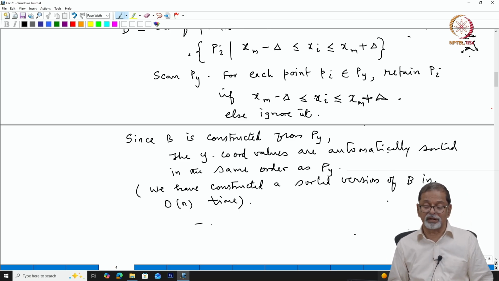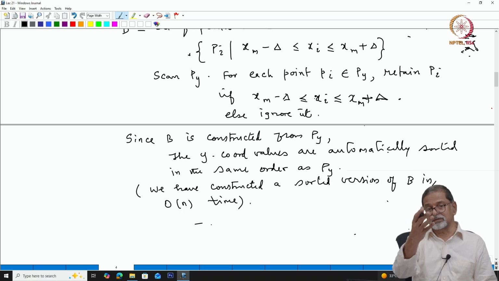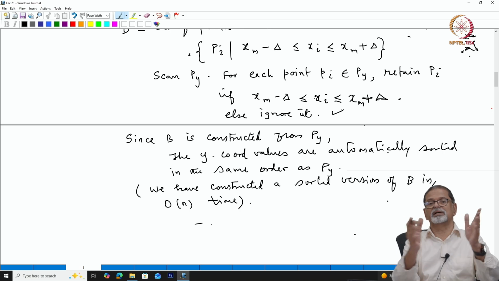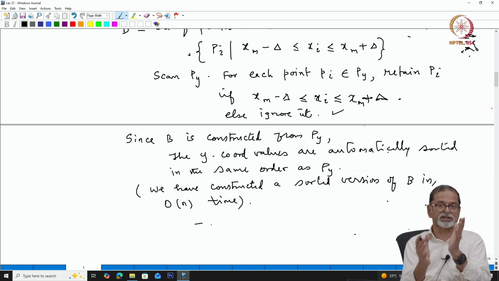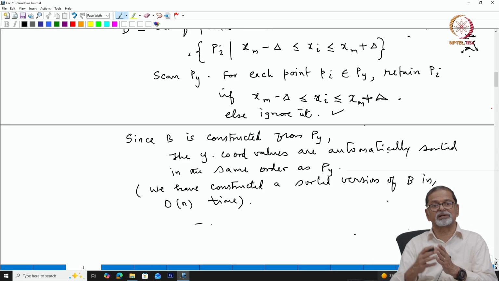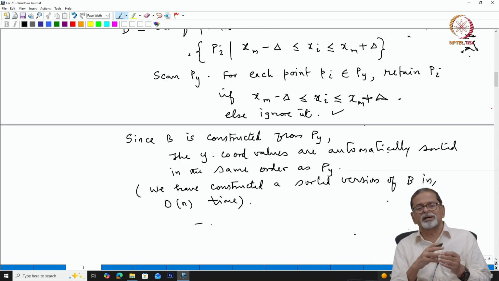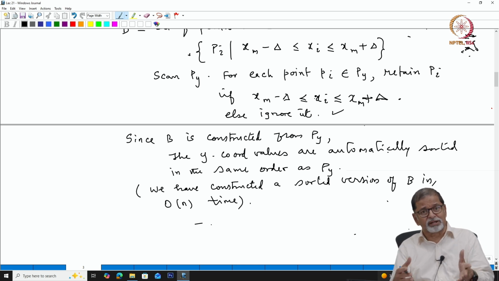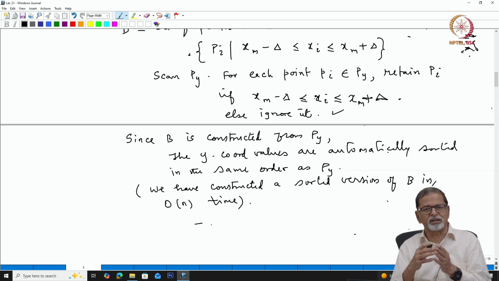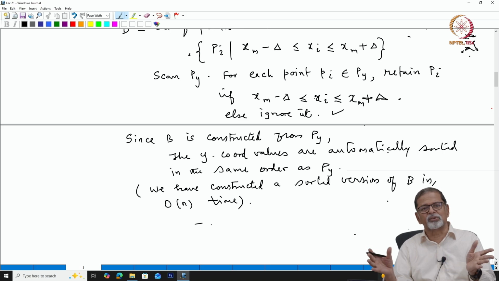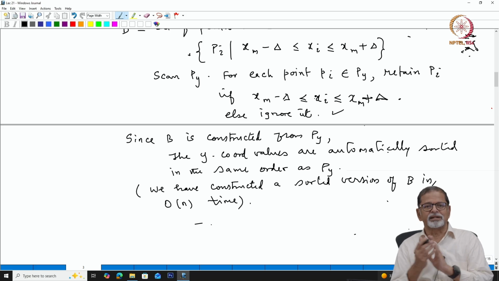You are scanning Py and removing the ones which are not in the band by this check, thereby getting the shorter list B, which is automatically sorted. Now, since we have the points of B available in sorted y order, the steps we used in the previous algorithm can be used, and now all steps have become order n.